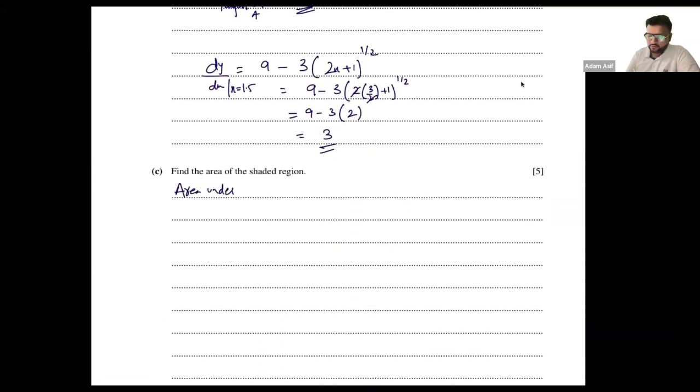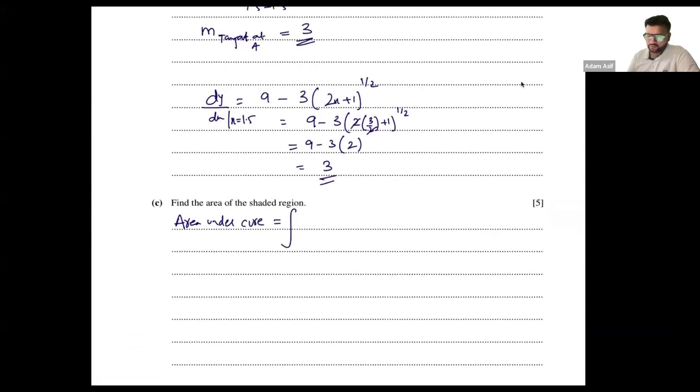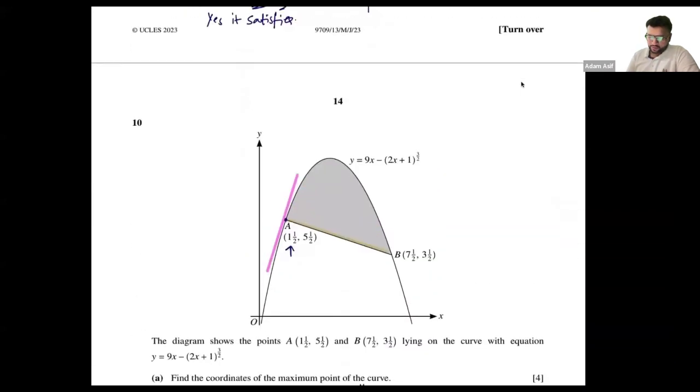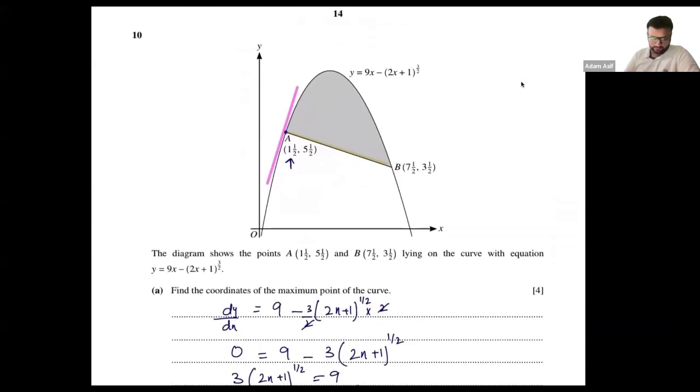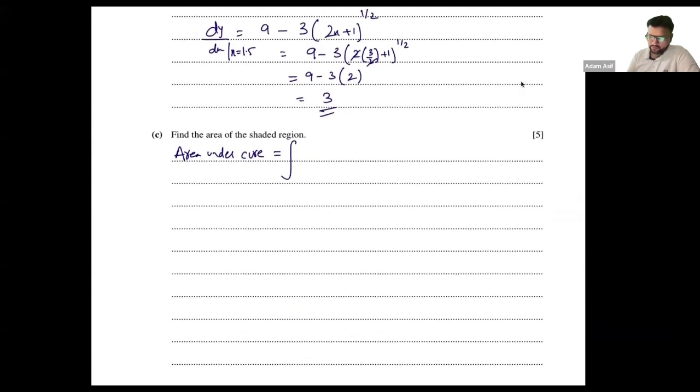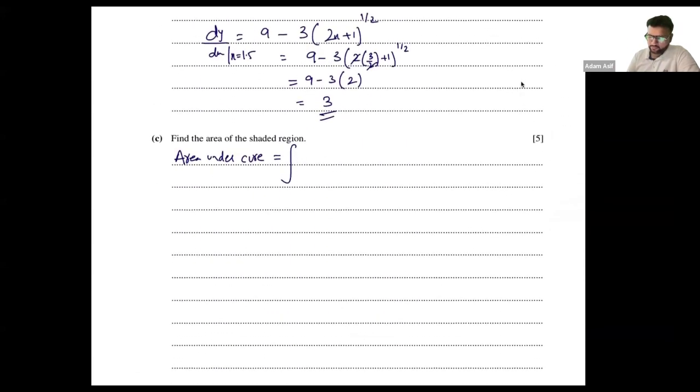Area under the curve would be the integral of the function, and the function given in the question was 9x minus (2x plus 1) to the power of 3 upon 2, dx.